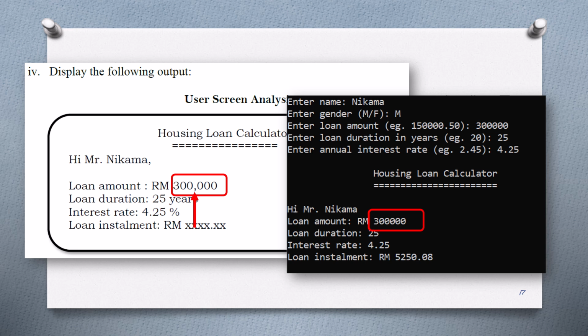So the question is, how do you add commas? In a 1,000 value, when you have 1,000, you want to add a comma every 3 digits. So how do you add the comma?